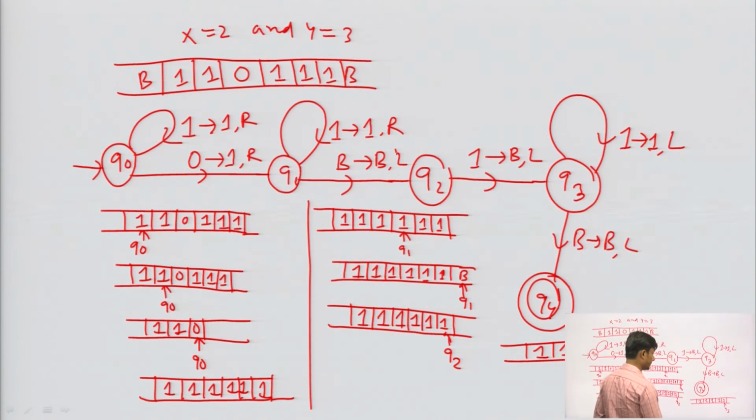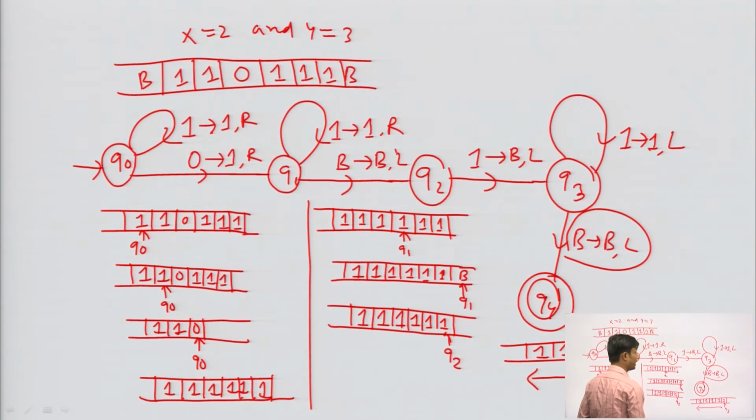Now in Q3, all 1s loop: you move left. On the left you will find the blank, and when you find the blank, you go to Q4.